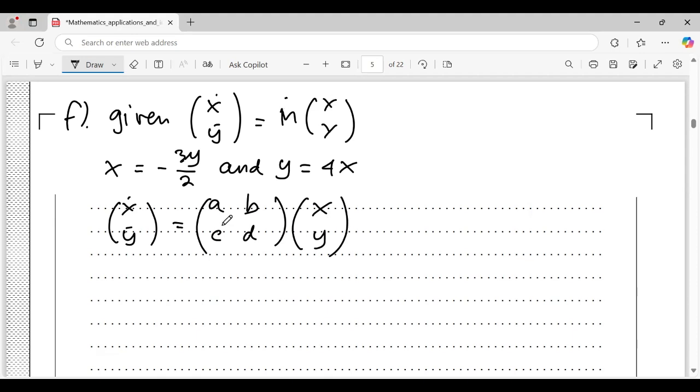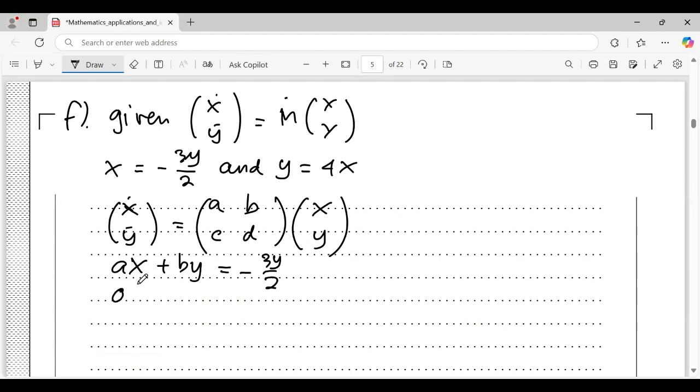So we want to find M: how much is a, how much b, how much c, how much d. If we calculate ax plus by, it equals minus 3y/2, because it's the x component. There is no variable x in the result, so a must be 0.